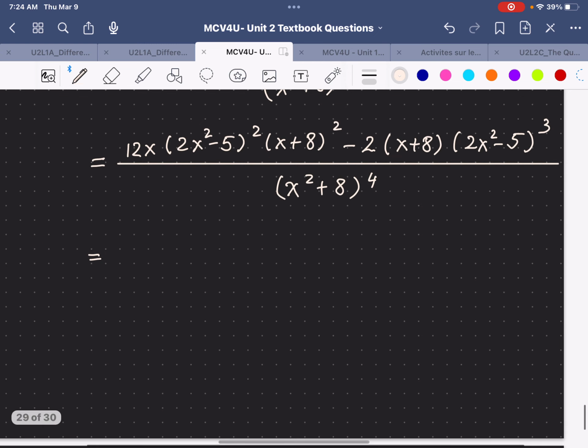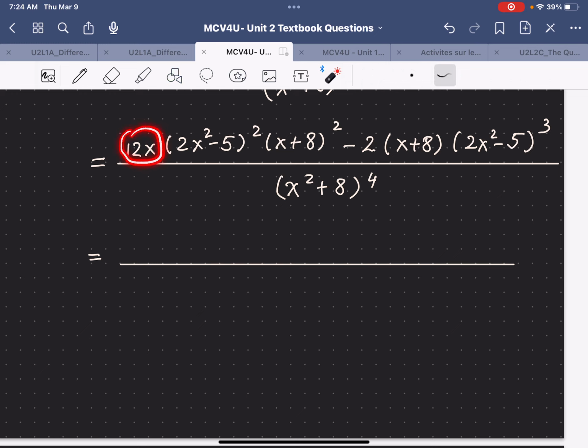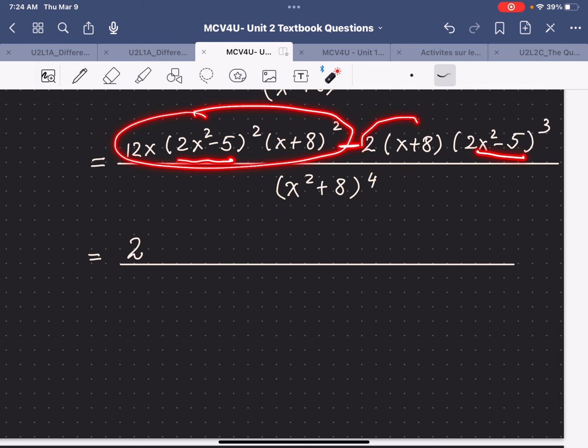Now let's check and see what we can factor. Long line again. So we're inspecting the monomials first. 12x and negative 2 have 2 as a common factor. Next we look at 2x² − 5, which appears in both chunks of terms, right? The chunks of terms are separated by a minus or a plus sometimes, but here we have a minus.